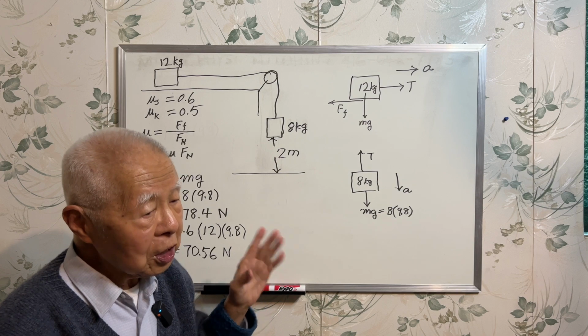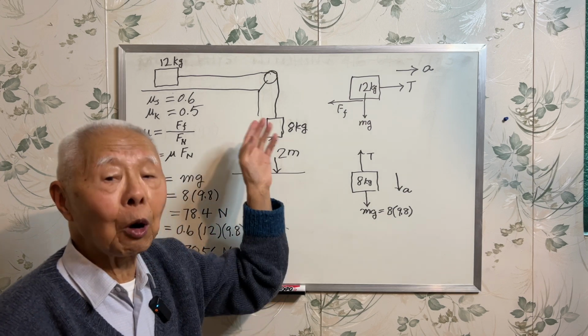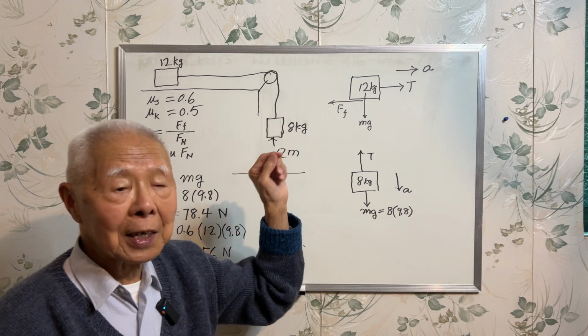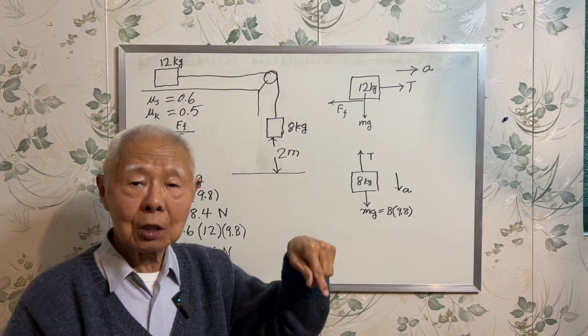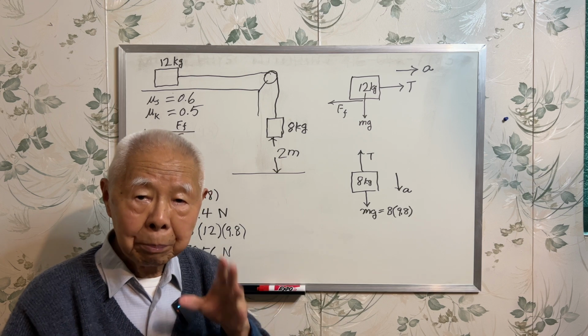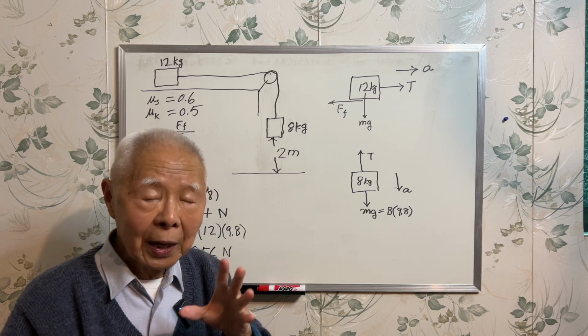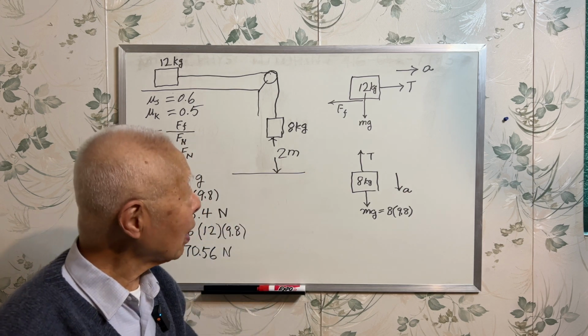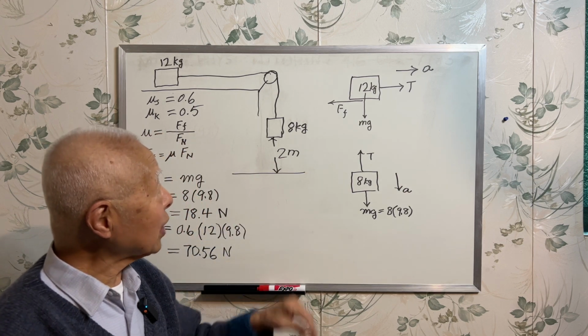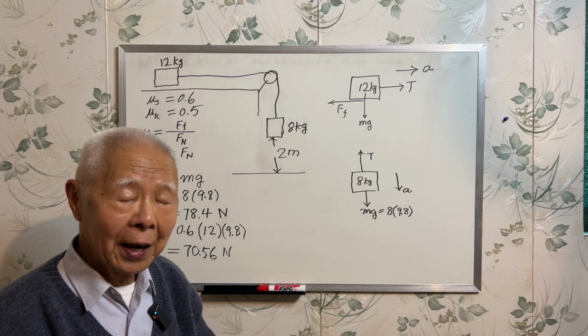What is different is that the direction of motion is different. So one acceleration is to the right-hand side, another acceleration is going down. But they are the same. What I mean is they have the same magnitudes. All right, understanding this, then we can go ahead.